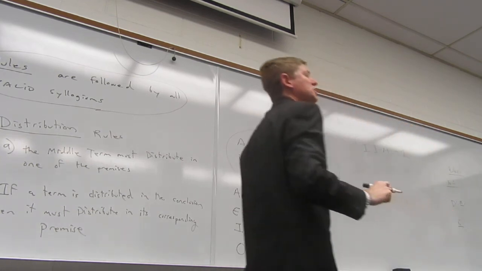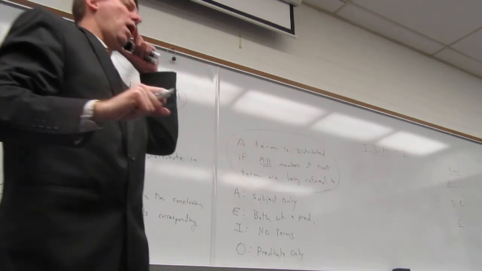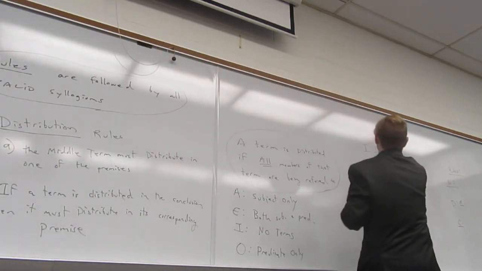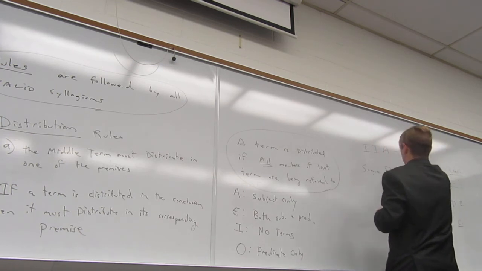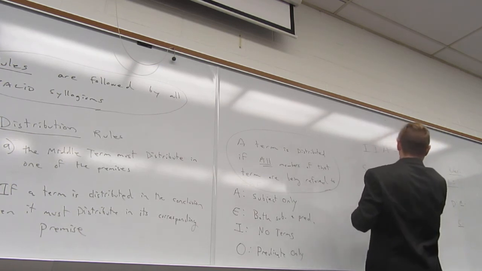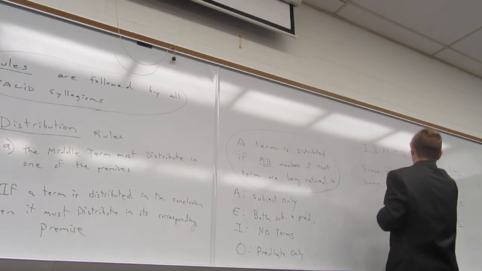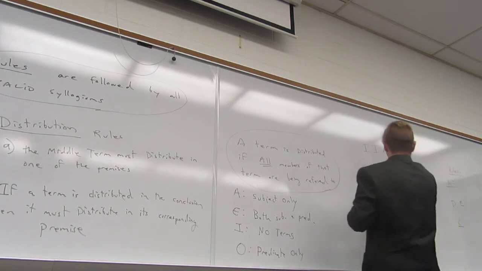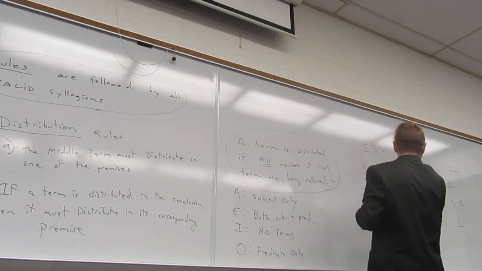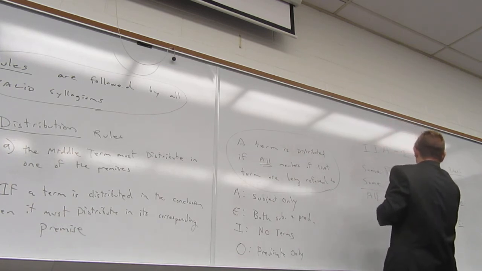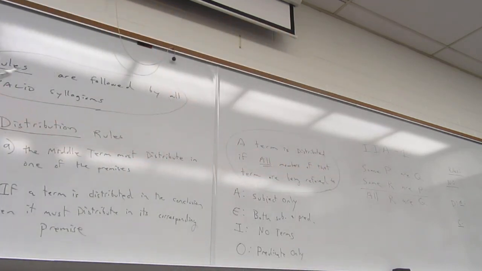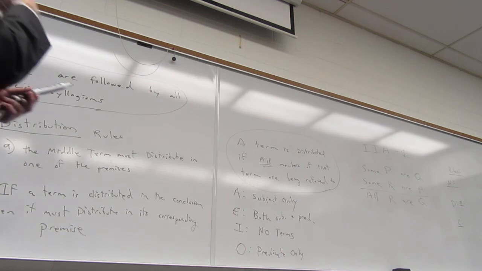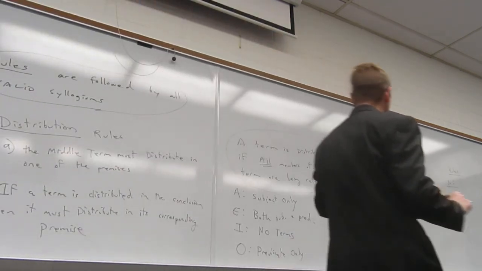Let's say our syllogism is an IIA1. That would read something like this. Some P are Q, some R are P, therefore all R are Q. Take a guess what rule this one breaks.